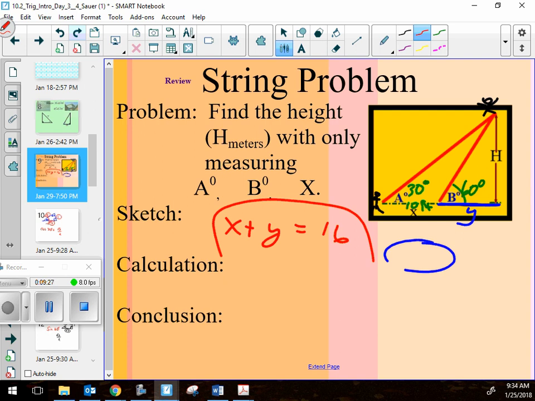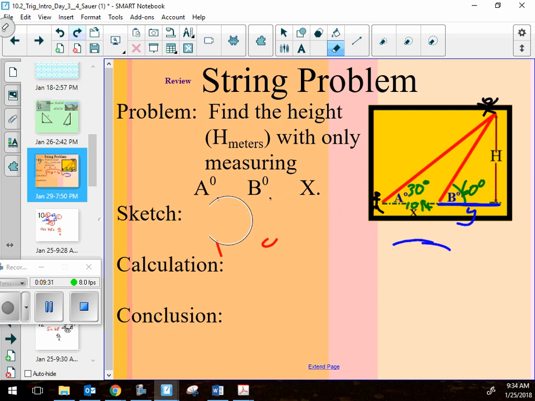But if you have two variables like us right now, which are h and y, we just need two equations. Would everybody try to generate two trig equations that involve h and y? They don't have to both have both parts.